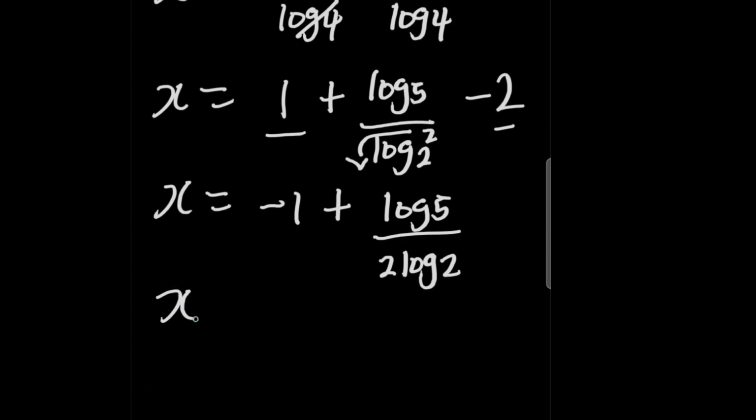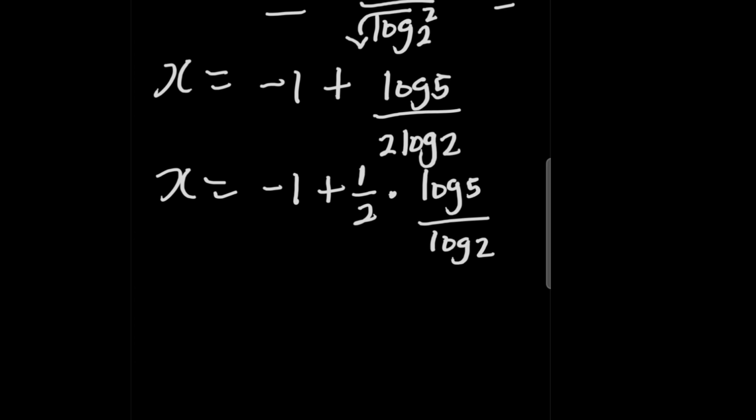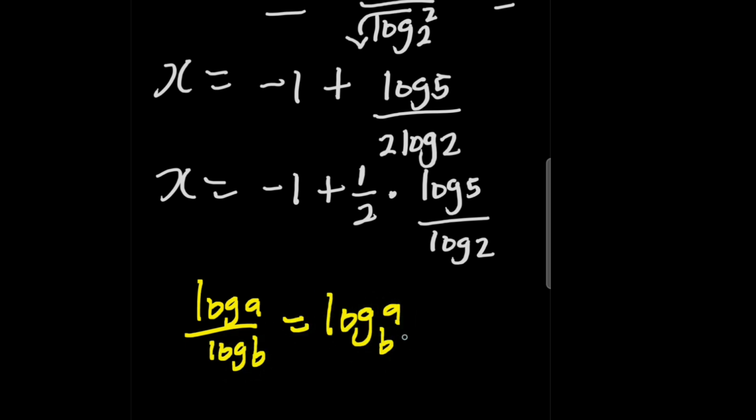So finally, we're going to have x to be equal to minus 1 plus these two. We're going to factor it out. It's going to be 1 over 2, then multiplied by log of 5 all over log of 2. Then our final answer, we recall this property called the change of base property, which is when we have log of a over log of b, this is the same as log of a to the base of b.